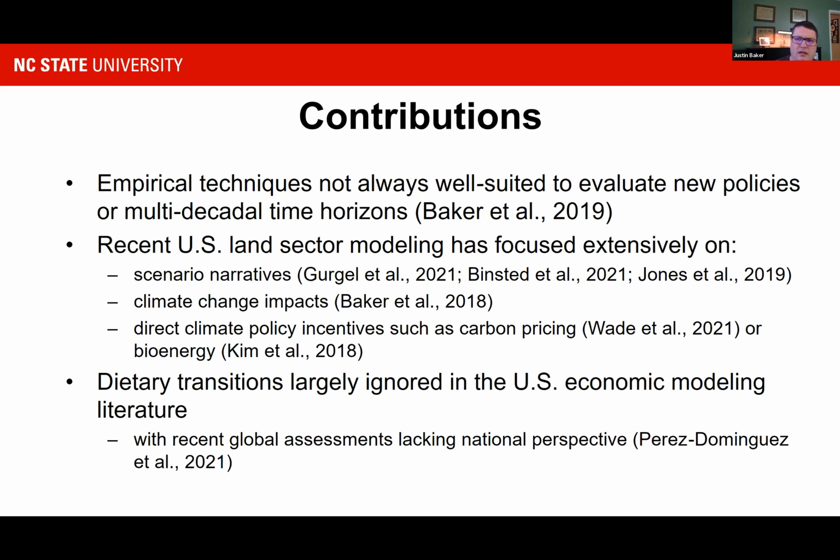And finally, we make the case that dietary transitions have been largely ignored in the US economic modeling literature, especially recently. Some of the recent published assessments are global in scope and may lack a national perspective.